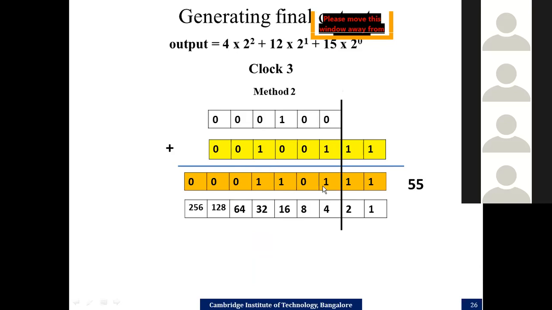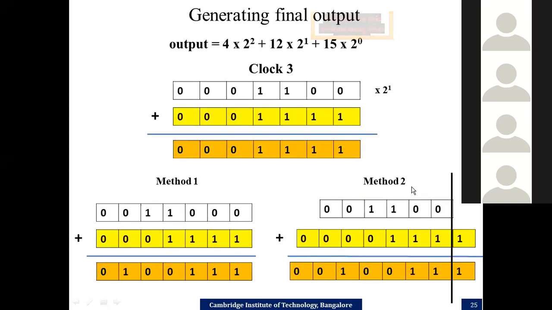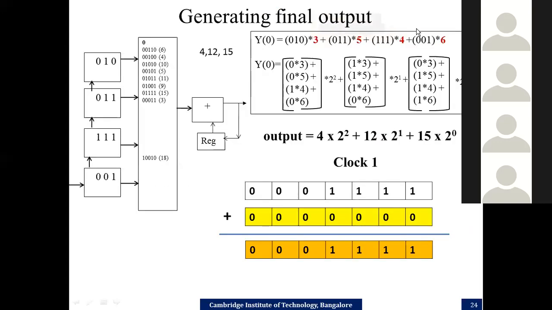This is the output you generate, and it is equal to 55 because I have put the scaling at the bottom. So it is 1 plus 2 plus 4 plus 16 plus 32, which gives me 55. If you see this simple structure, whatever we have discussed here is able to perform the multiplication and addition of the expression of a single neuron.